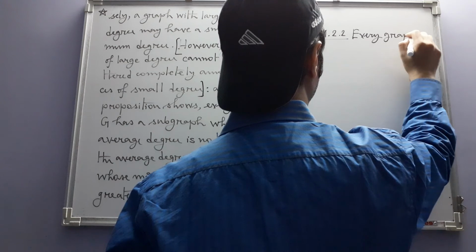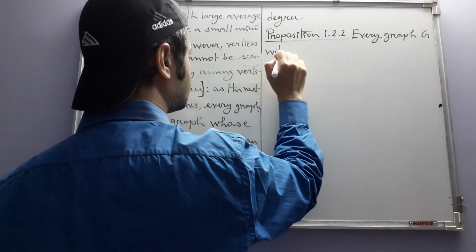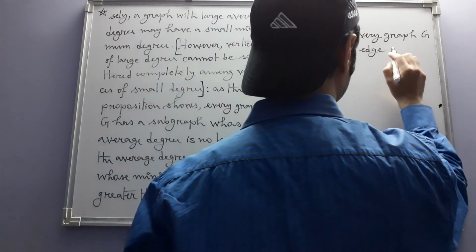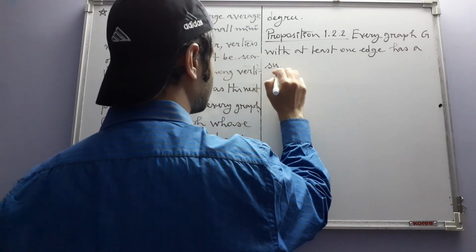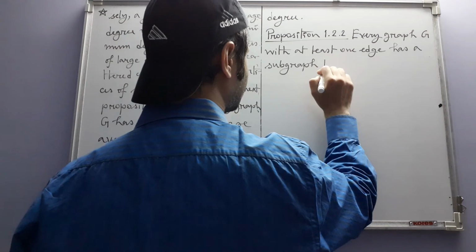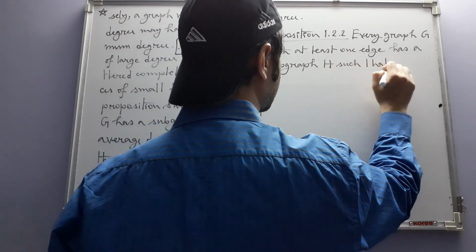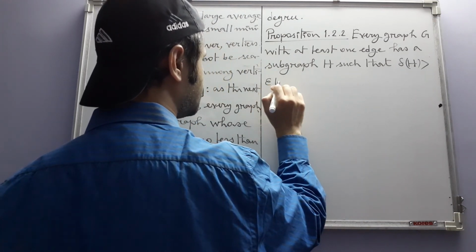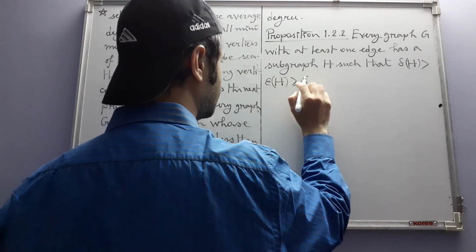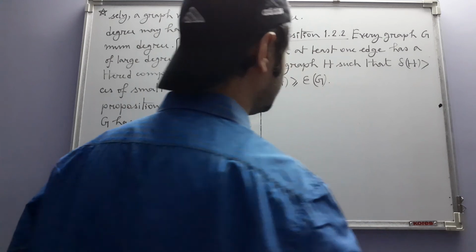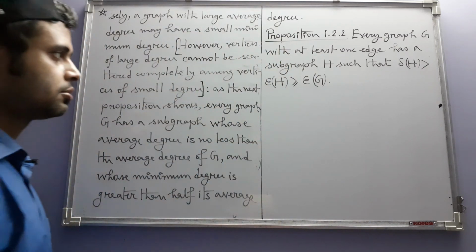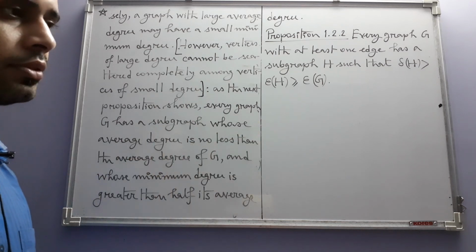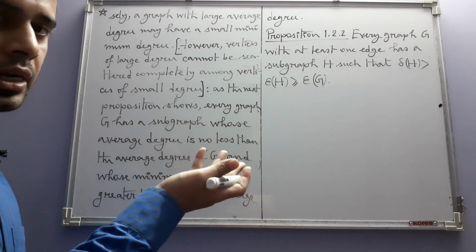Every graph G with at least one edge has a subgraph H such that the minimum degree of H is greater than epsilon of H, the average, which is greater than or equal to the epsilon value of G. So we will see the proof of this proposition in the next video. You can understand what it means.